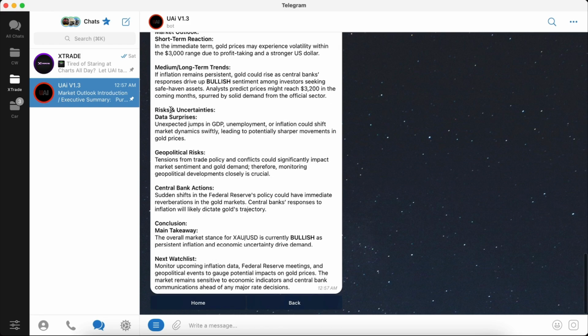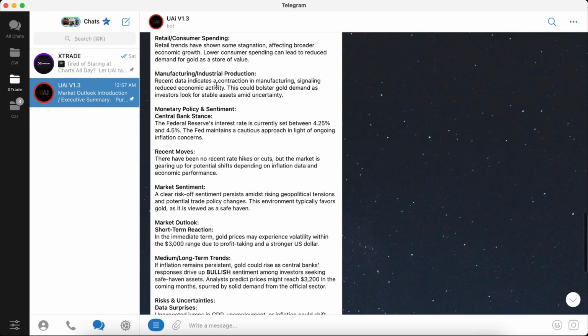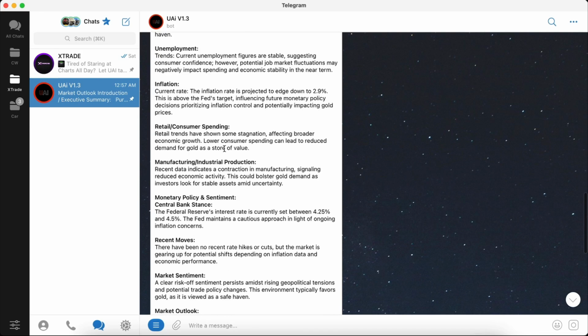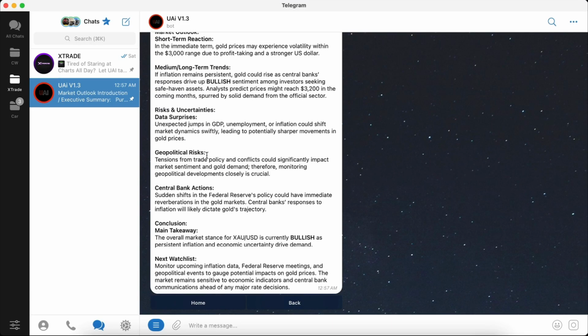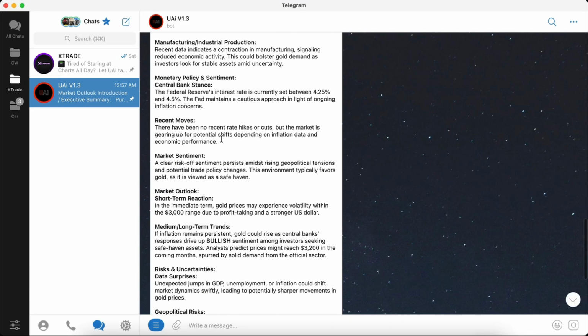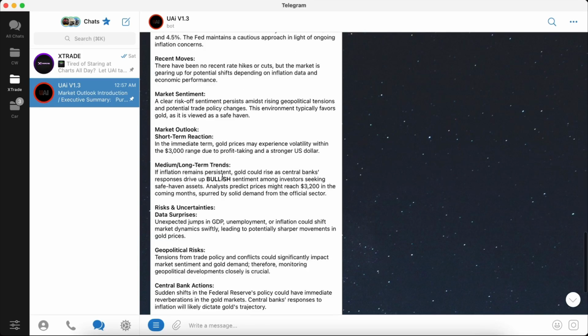It also provides recent uncertainties regarding data surprises, geopolitical risks, and central banks' actions. So it provides information you can read through, analyze, and understand the fundamentals of why the price moves, all the fundamentals information here.